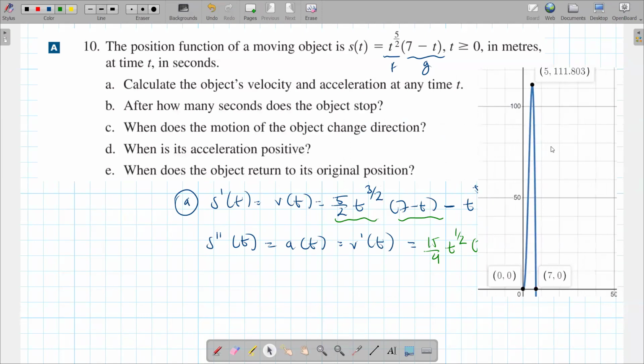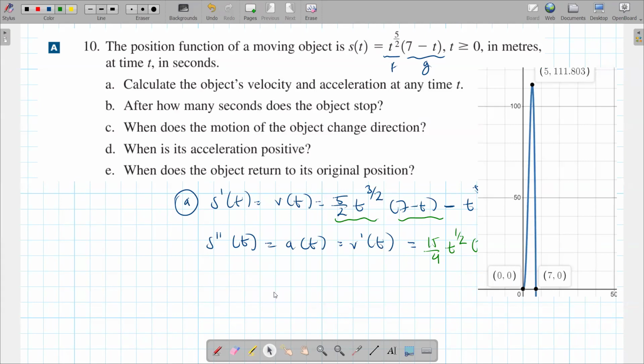All right. Part B, after how many seconds does the object stop? Look at the graph. That's a position time graph. Object stopping means, what's the answer to B?